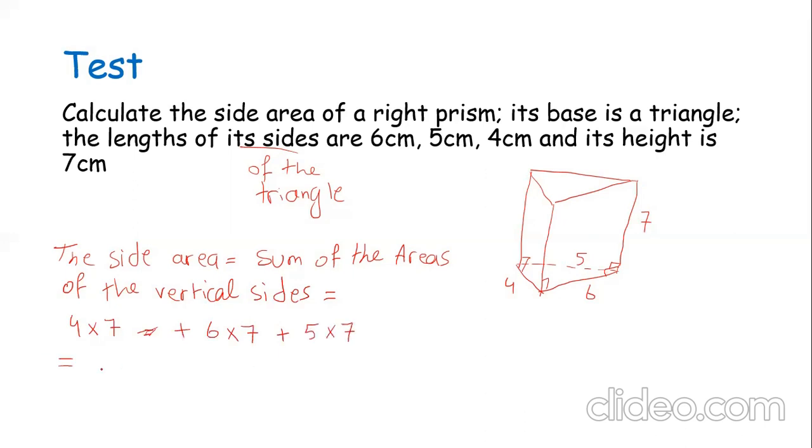And this is equal to 4 plus 6 plus 5 multiplied by 7, and it is 15 multiplied by 7, which is 105. Here we have centimeters, so it's squared centimeters.